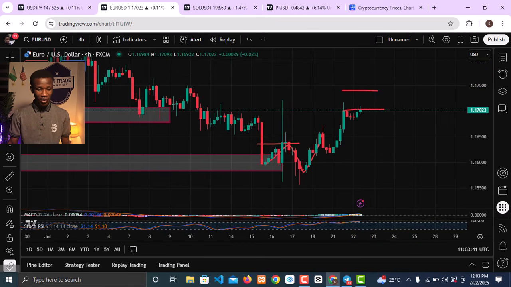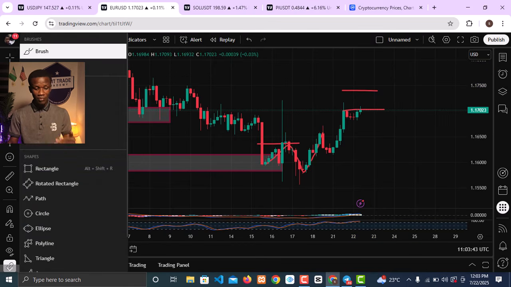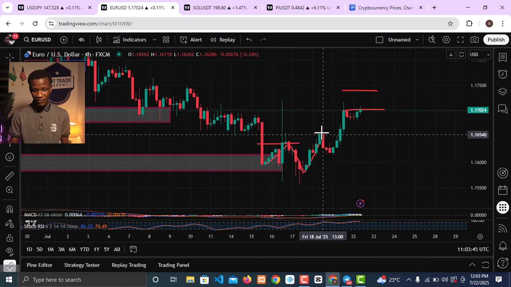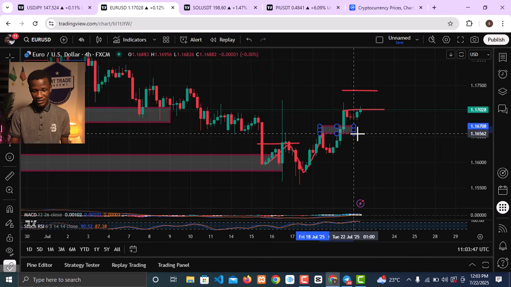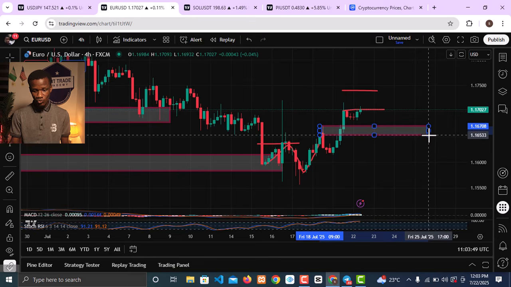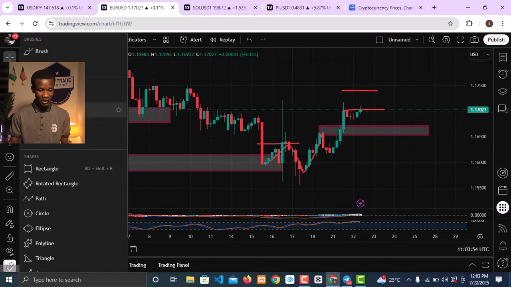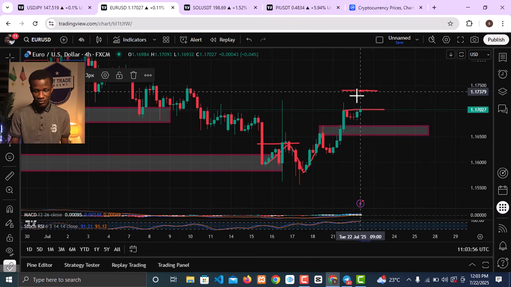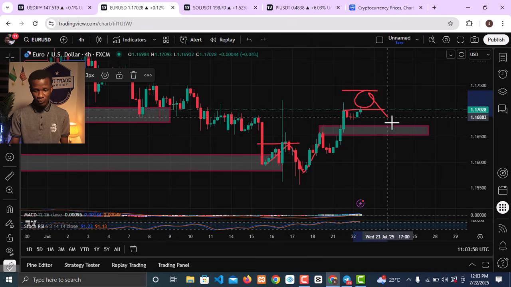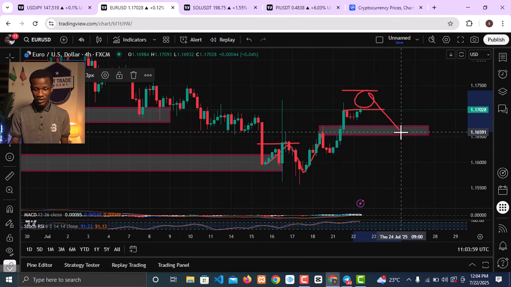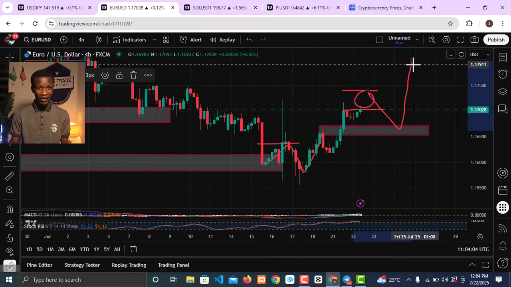The level you should expect the retracement to come down into is this very point of important resistance right here. That means once the market retraces from this area, the next point the retracement is going to stop is within this very point before the next move to the upside, in my opinion.